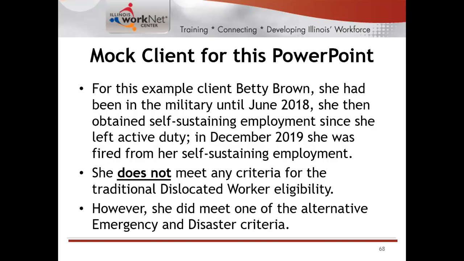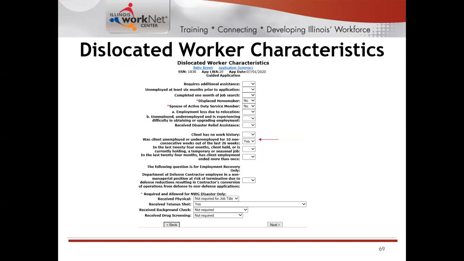Thanks. So for this mock client, as I mentioned, she wouldn't have met traditional dislocated worker criteria, but she did meet the alternative criteria, was unemployed or underemployed for 10 non-consecutive weeks out of the last 26 weeks. So when it comes time to do her eligibility, we know she's going to meet that criteria. And then if you look down below, for physical, she was not required. She had a tetanus shot, and for the background check and drug screening was not required.